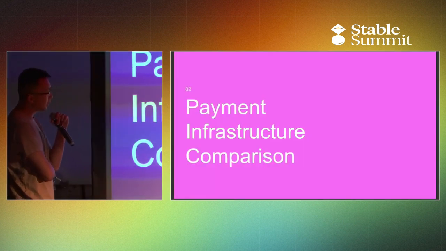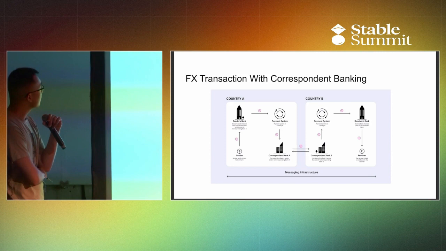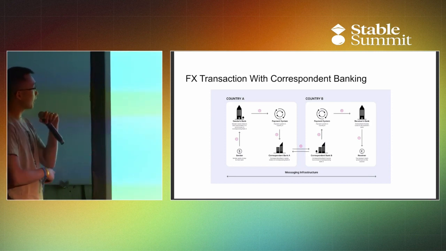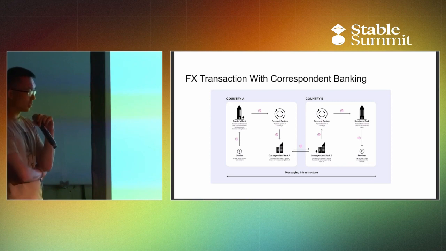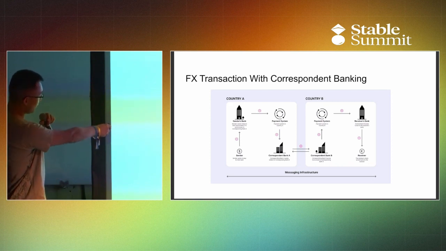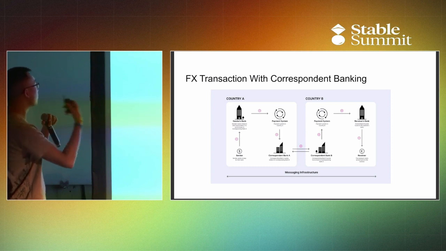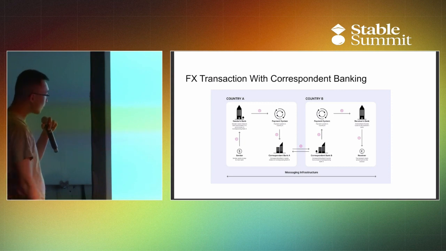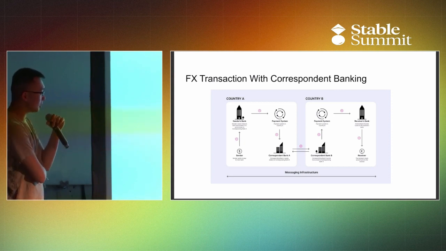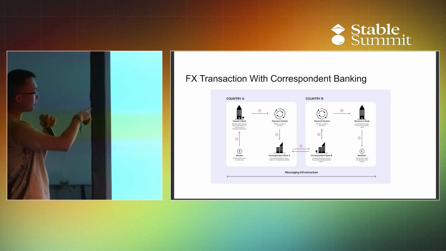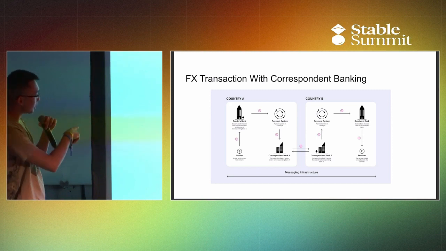Okay, so let's compare the payment infrastructure. This is what you do now if you want to send your money across borders and do remittance through different currencies. For example, I want to send US dollars to some currency other than US dollars. I first send my money to my own bank in the US.